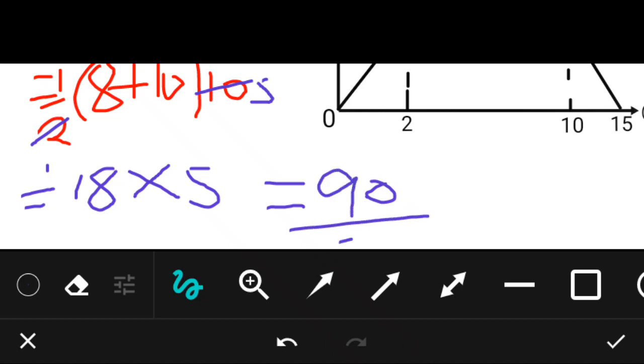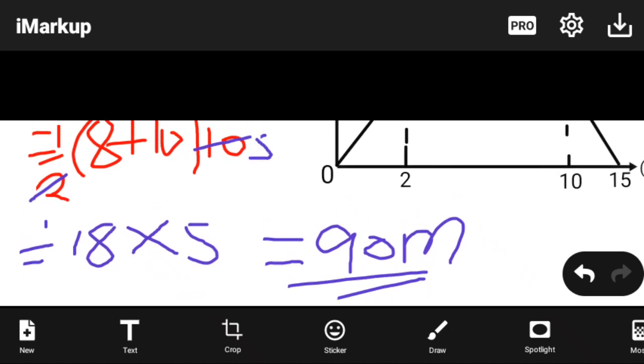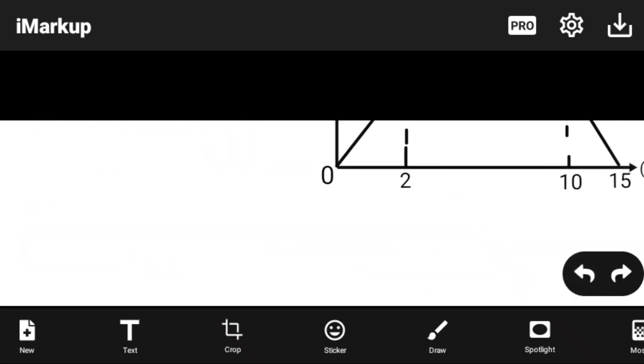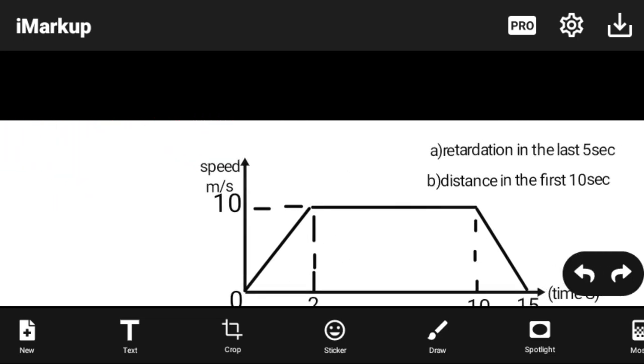So that is your answer. Distance in meters. So 90 meters. So that is the distance in the first 10 seconds. That is the distance, 90 meters. Now we can move on to the next question.